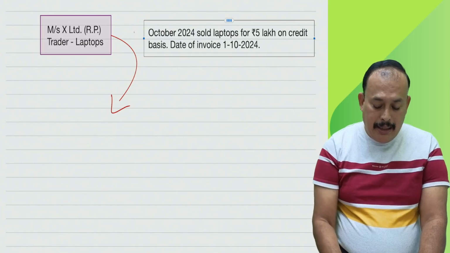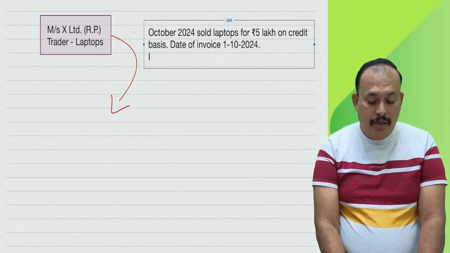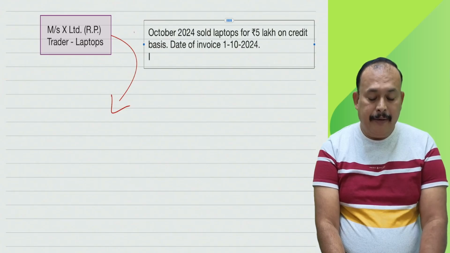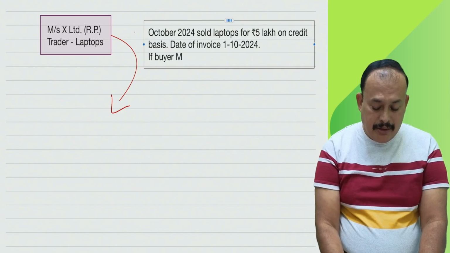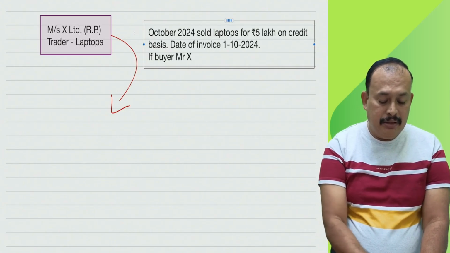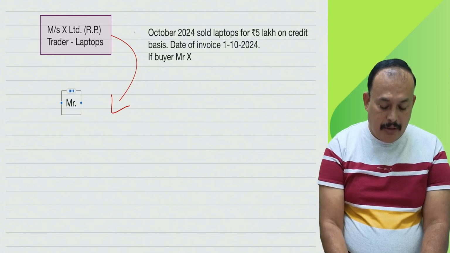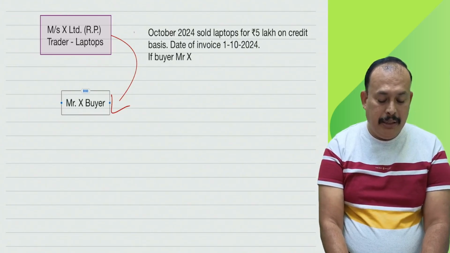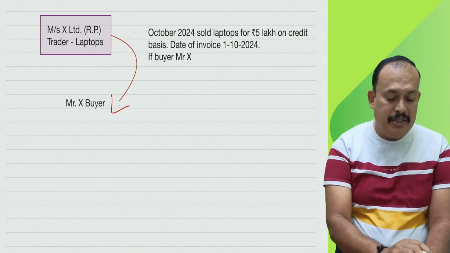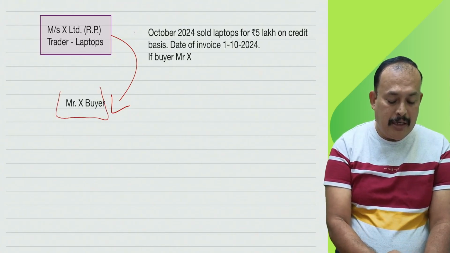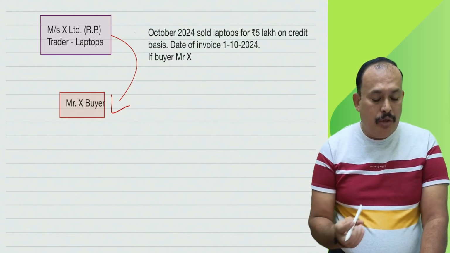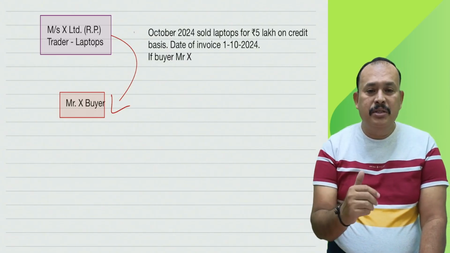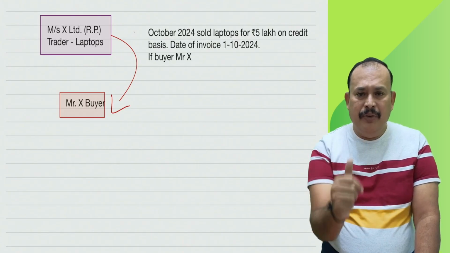Here, let us say Mr. X is the buyer. Assume a scenario like this, my dear friends, so that you can have clarity on this. The buyer received the goods from X Limited for rupees 5 lakhs.